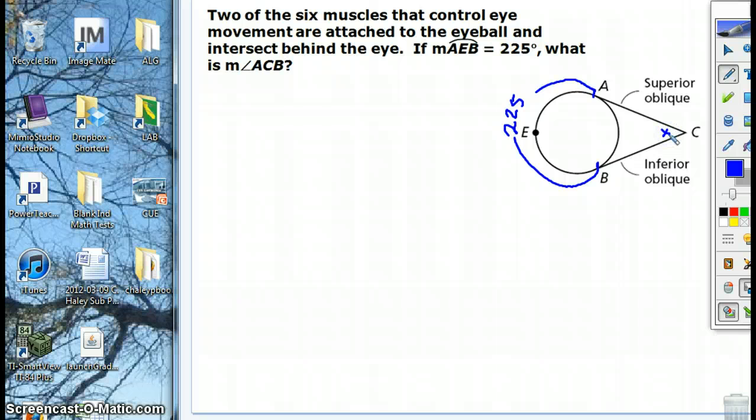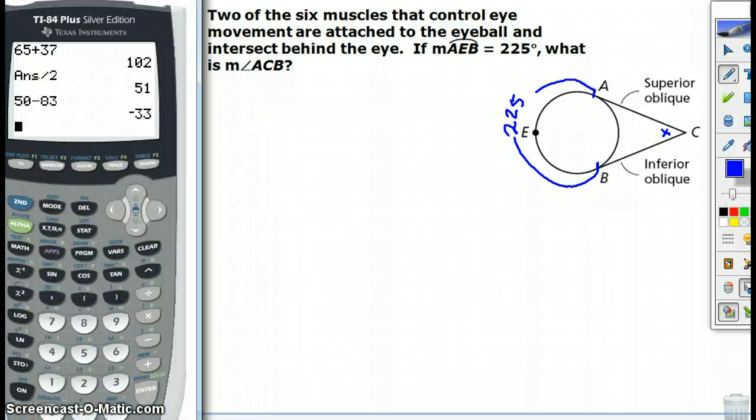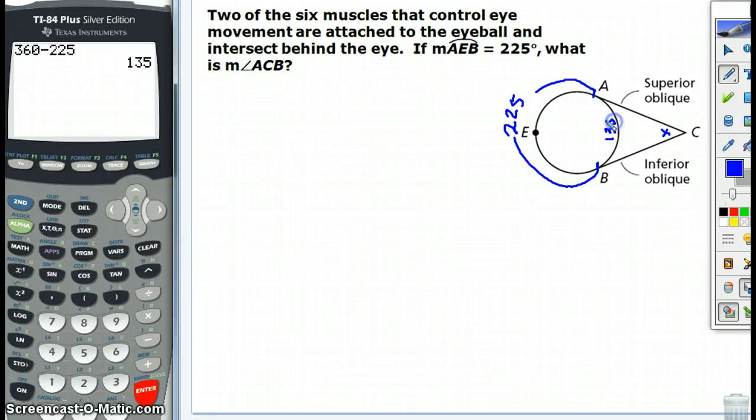Well, we need to find the measure of both intercepted arcs. We know this one, but how are we going to find this one right here? Well, you can see these two definitely add up to 360. So we're going to take the 360 and subtract off what they gave us, 225. And in fact, AB is 135.